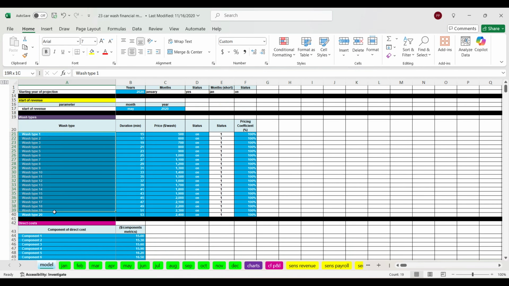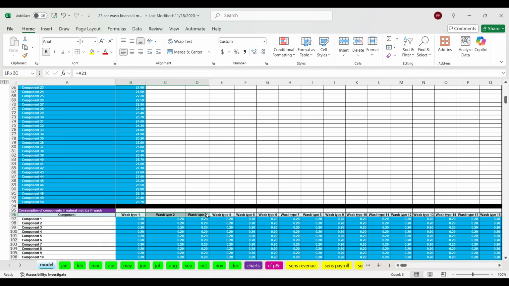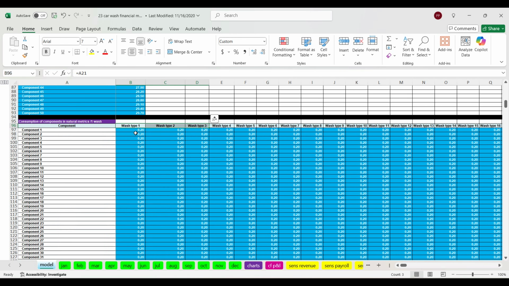In this matrix of components we're specifying the consumption of each component for each type of car wash that we do. So here we are describing the direct cost per each car wash type that we make.